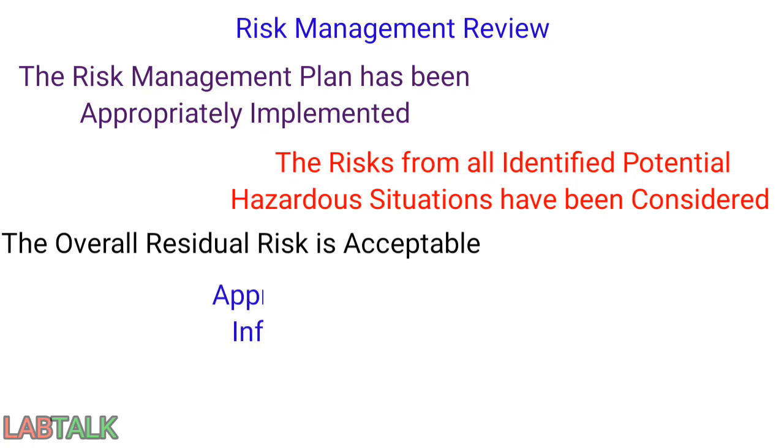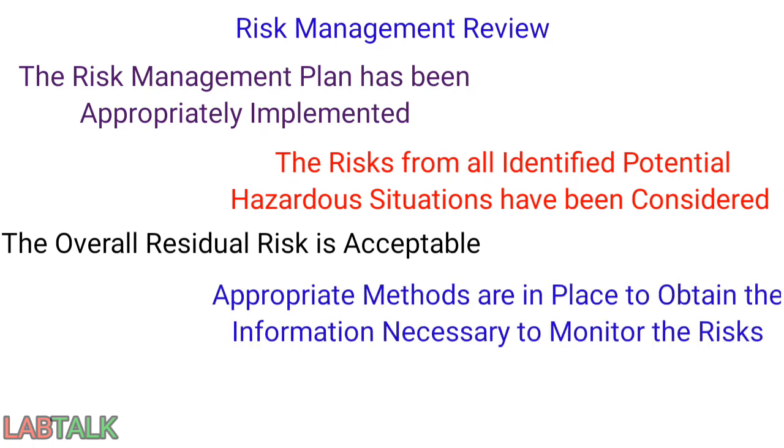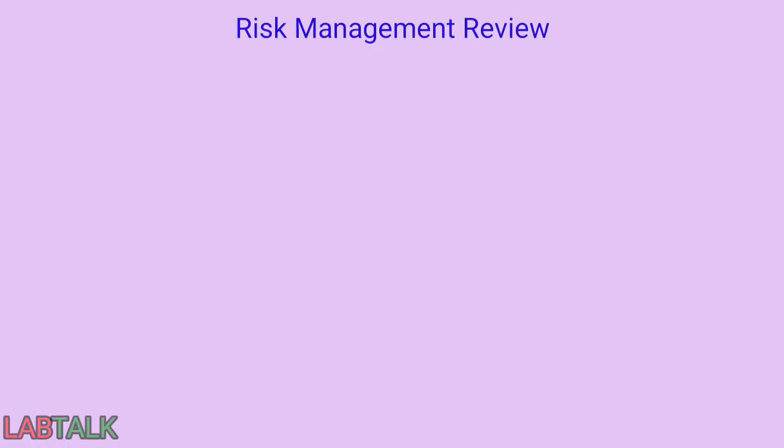And fourth is whether appropriate methods are in place to obtain information necessary to monitor the risk. So there must be appropriate methods or measures to obtain necessary information with respect to the monitoring of the risk. These are all things which should be included in the risk management review plan or risk management review process.